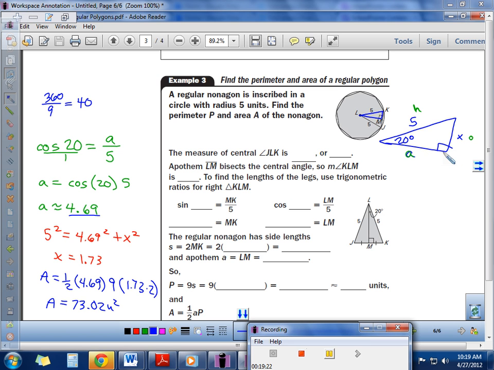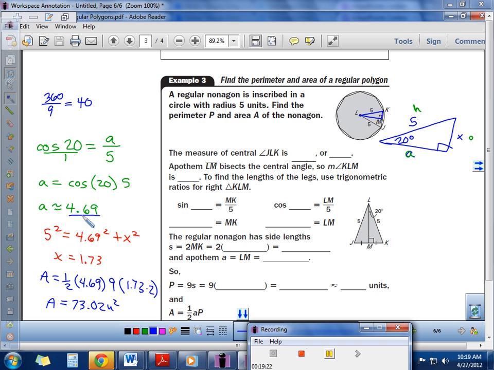We then discovered that we needed to use trig, which is labeling sides opposite, adjacent, hypotenuse, and we did that with our O, A, and H. The next thing, we pick the correct trig function to find the apothem, which deals with adjacent and the hypotenuse, which is cosine. We cross multiply to solve for a, and we got 4.69. That's our length of our apothem.